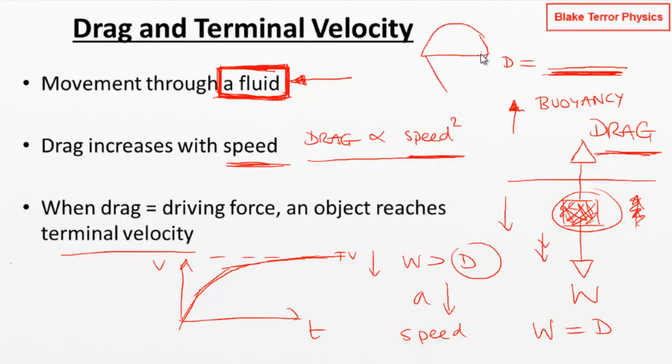He opens his parachute, and now his weight is driving his motion downwards, and we've got the drag which is slowing it down. So yes, that's what's going on with our drag.